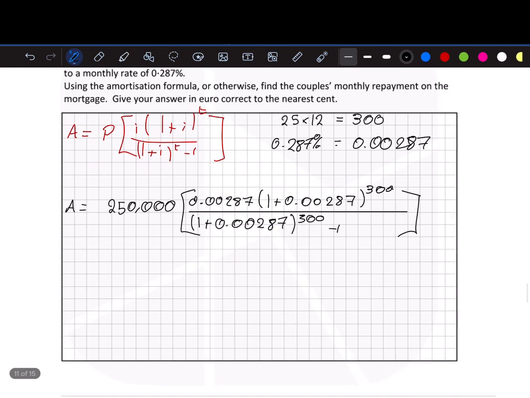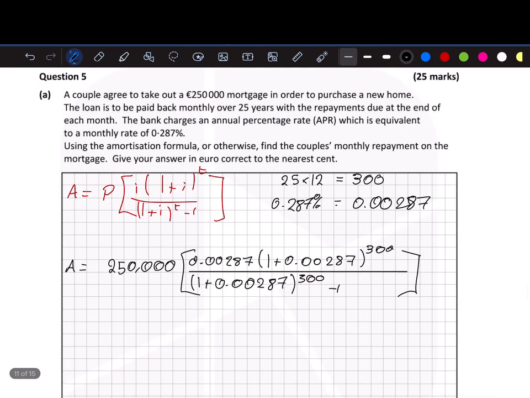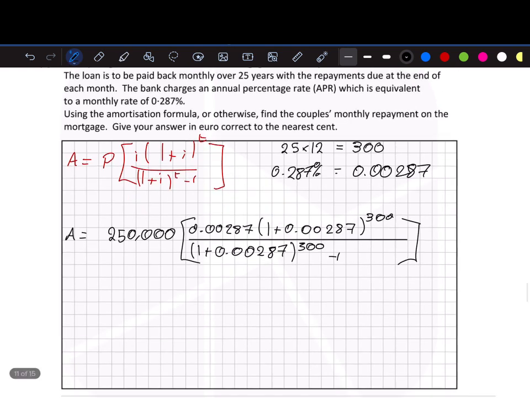All that just goes into your calculator. And we end up with 1,244.06.